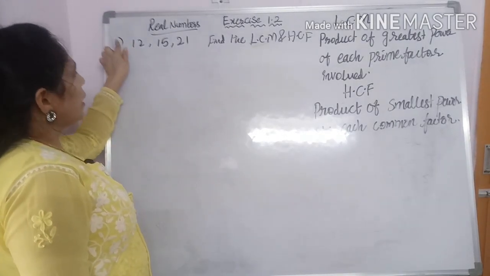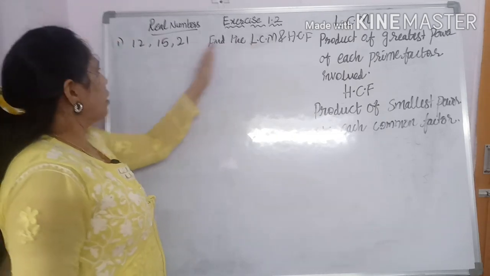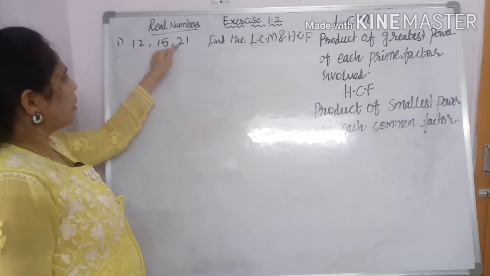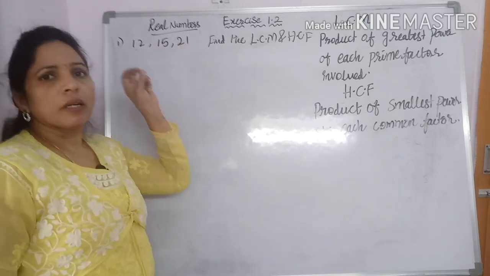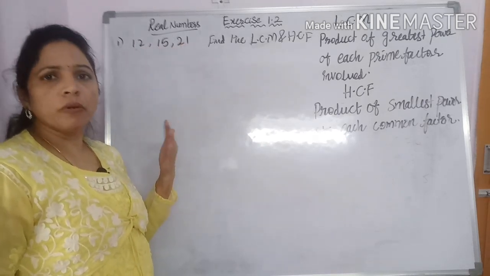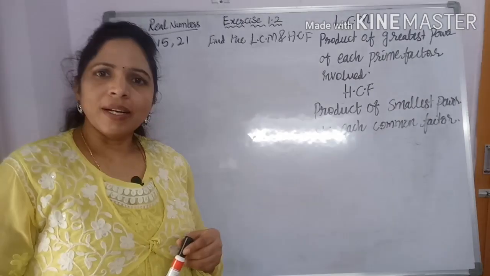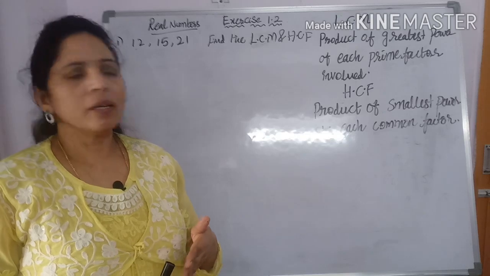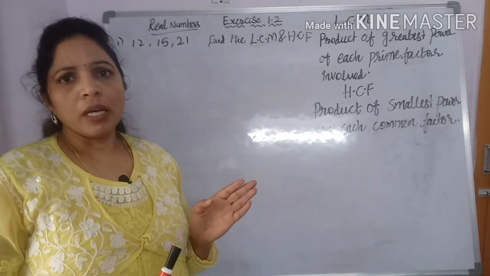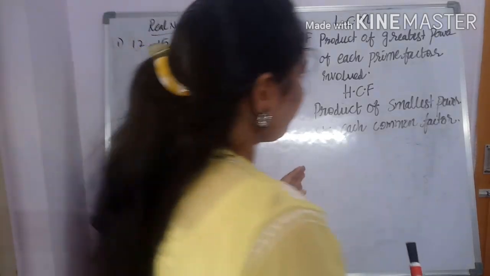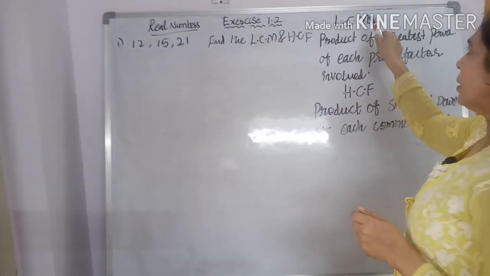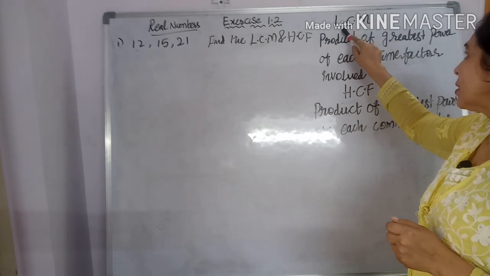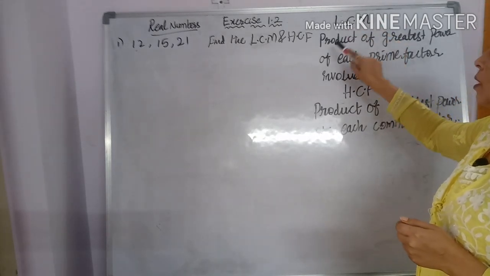Second one. Find the LCM and HCF of these numbers 12, 15, 21. Now what is LCM? How to find LCM? Students, I am going to teach you the easiest and simplest method of LCM. LCM means least common multiple or lowest common multiple.